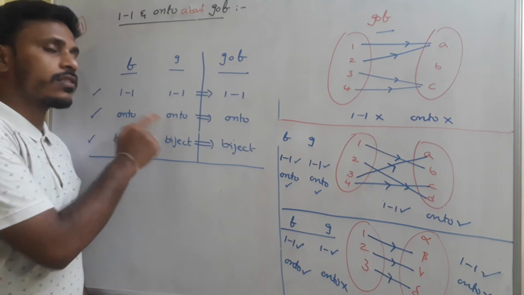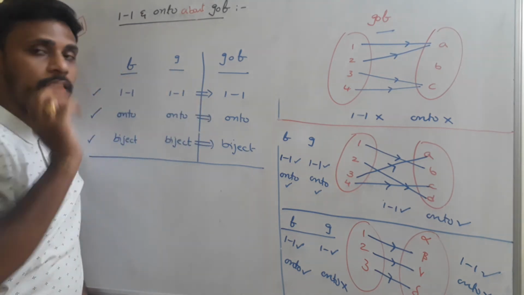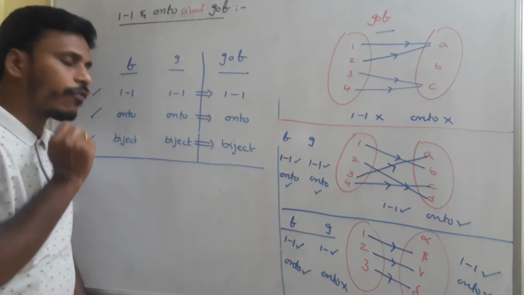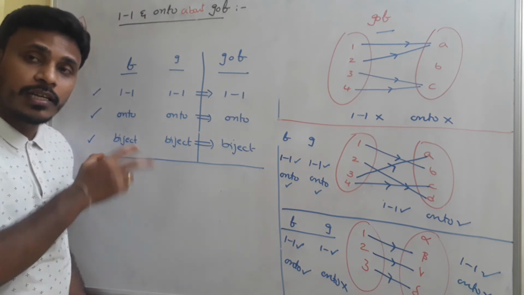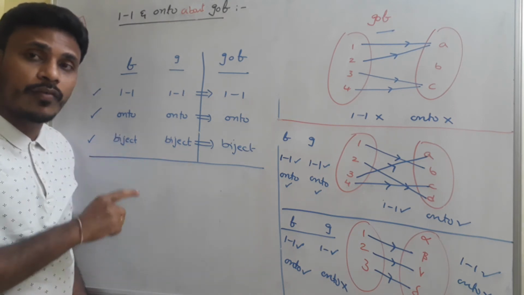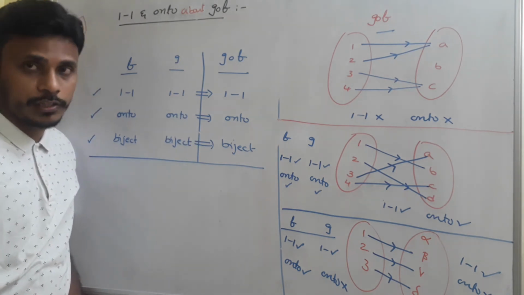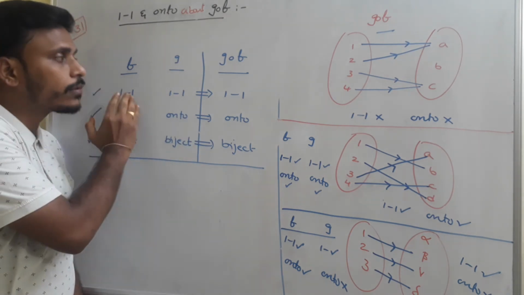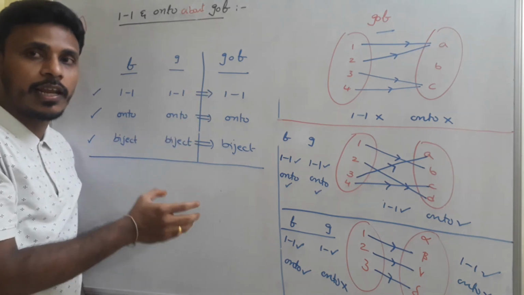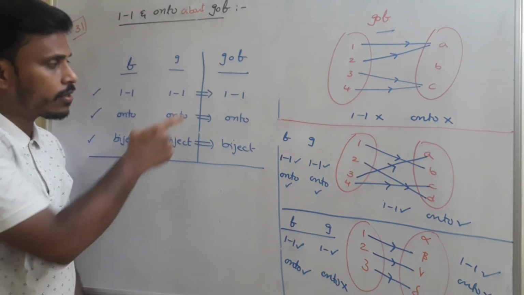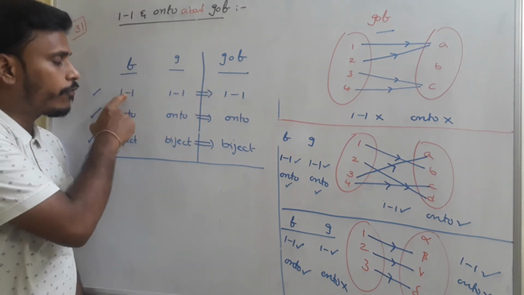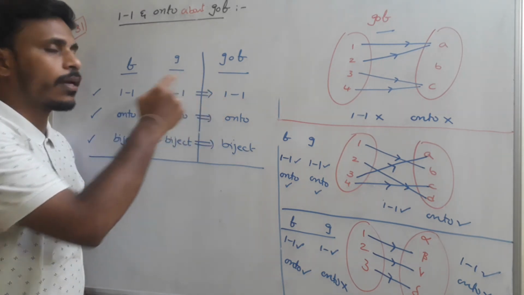If both the functions are onto, then for sure G circle F is onto. If both the functions are bijections, in the sense F and G both are 1-1 and onto functions, then G circle F is also a 1-1 and onto function. I am identifying G circle F from F and G, that's why I use this implies symbol. If you know about F and G, you need to think about G circle F.